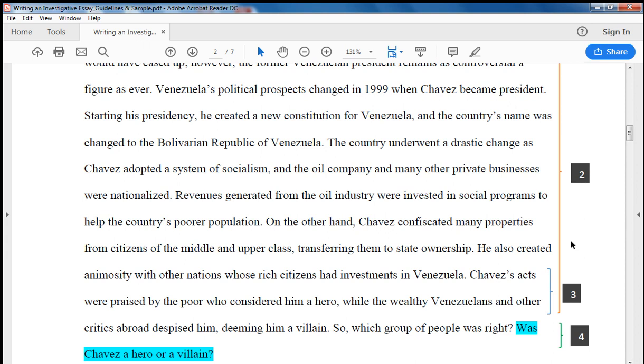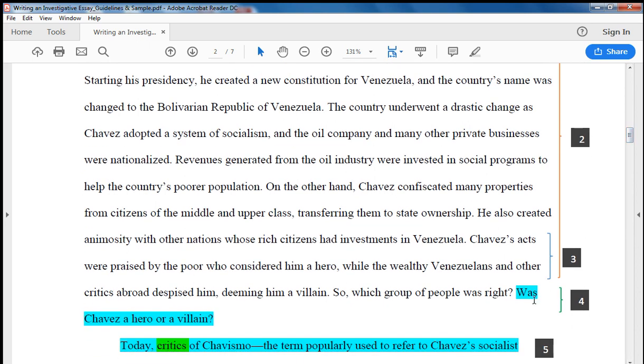Good. And then to round off her introductory paragraph, of course, the writer presents the statement of purpose. Ordinarily, we would refer to this element of the essay as a thesis, but since it is not an argumentative essay, but rather an expository essay, the student presents a clear statement of the purpose or main aim of the essay. And so she says, and again, she puts this in the form of a question: was Chavez a hero or a villain?